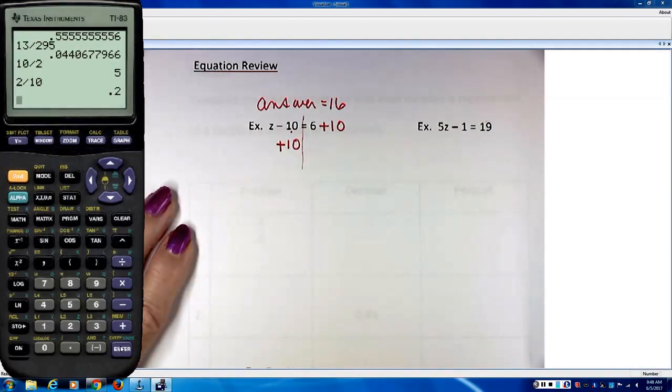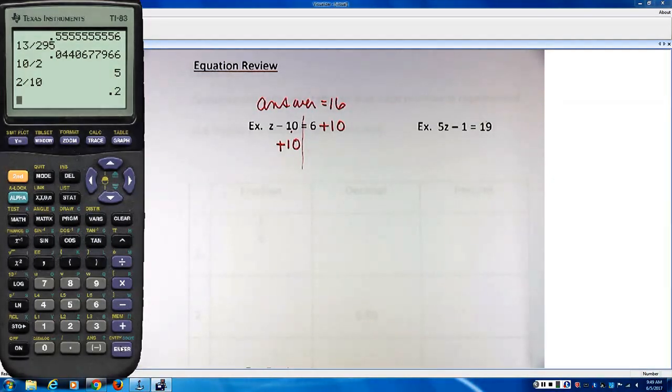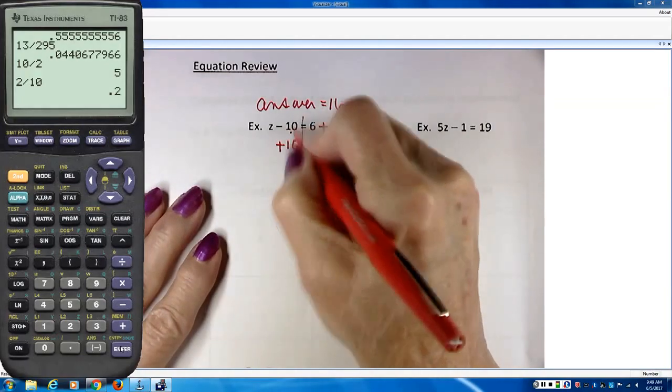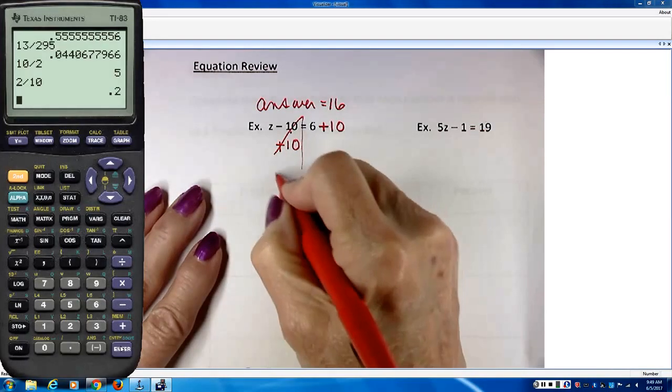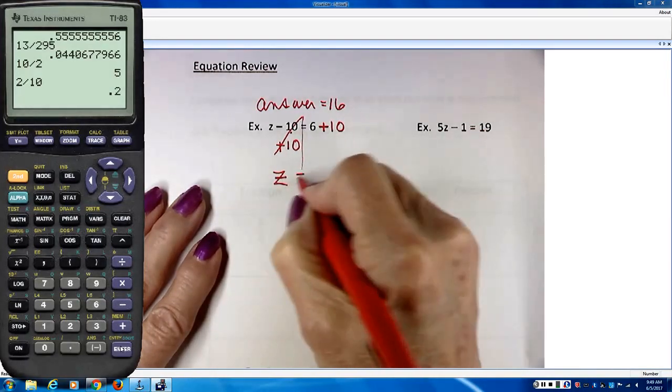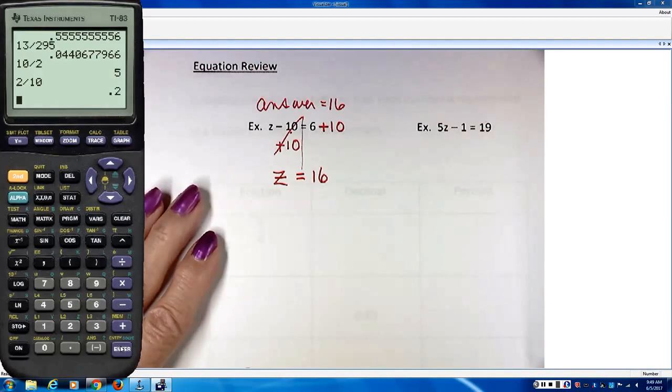And the reason you do that is because if you got things in balance, which is what an equals means, it's like the seesaw is balanced. If you put something on this side, you have to put the same amount on the other side. Okay? So minus 10 plus 10 gets rid of the 10 on that side, because subtracting 10 and adding 10 leaves you with just z. And then 6 plus 10 is equal to 16.